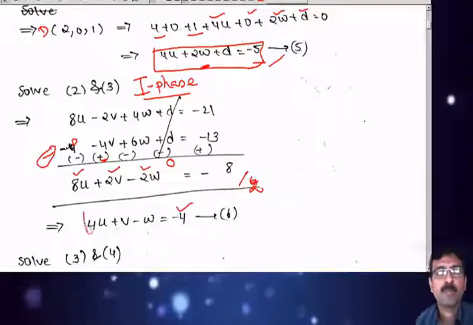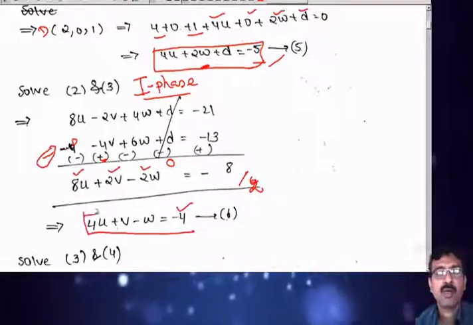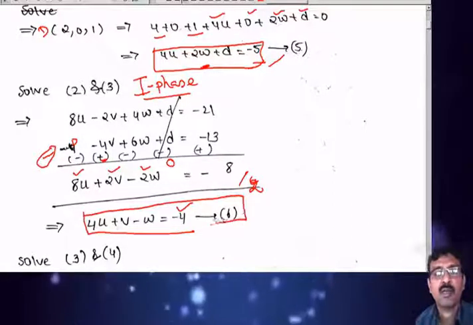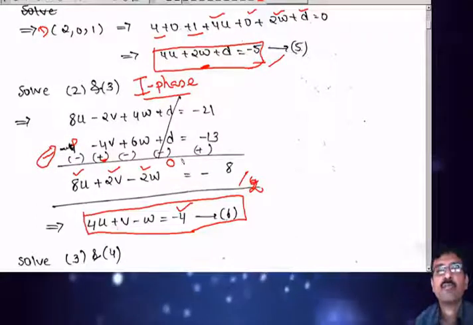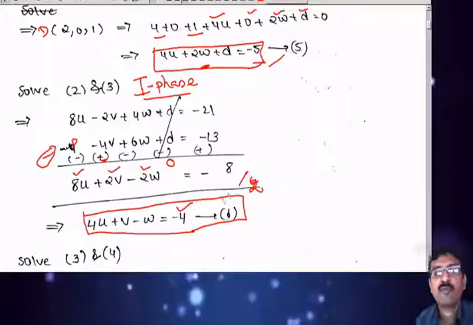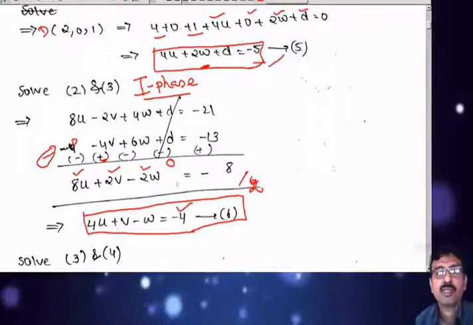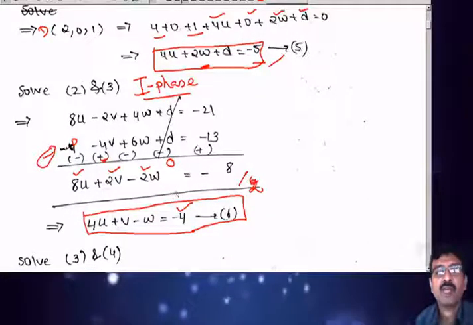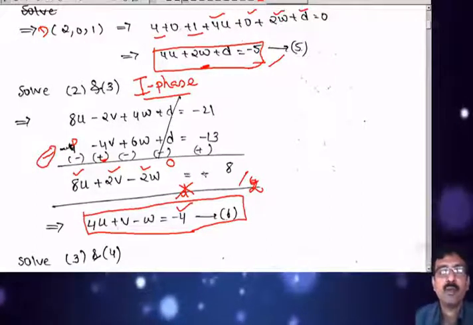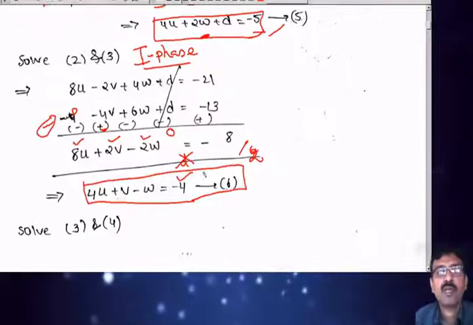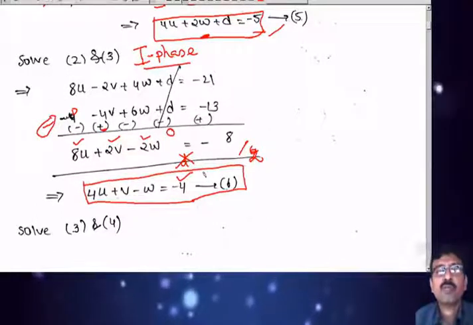Here one more equation is generated, equation number 6. What is the difference between the last 4 equations and the fifth equation? In the last 4 equations we have the d term, but here we don't have d. So we successfully eliminated d from the first 2 equations.